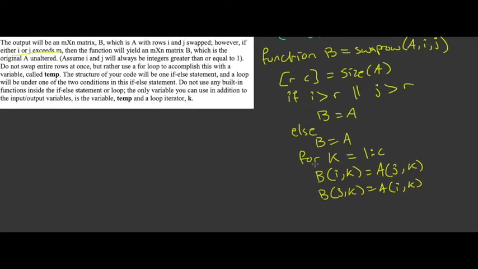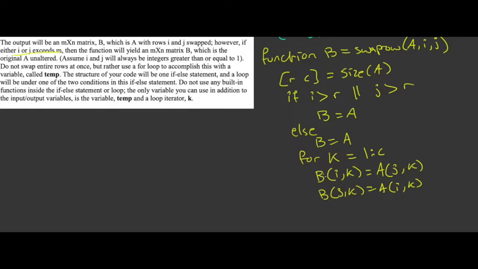That way, whenever we have row I and whichever column that we're on, it's going to replace it with the value where A has that value in J. So let me say that again. I messed that up. If B of row I, column K, is a certain value, we want to replace it with A of row J, column K, which is the same column. We're swapping it, flipping it.